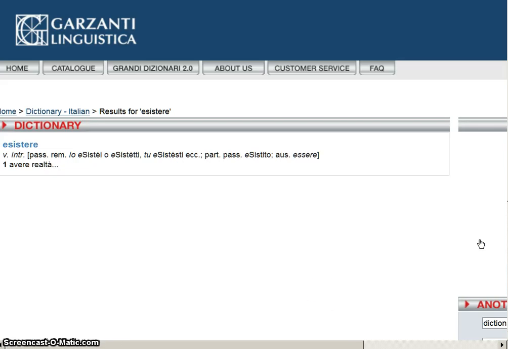We go to esistere, and it gives us esistere, verb intransitive, and we'll get to that later, passato remoto, participio passato esistito.